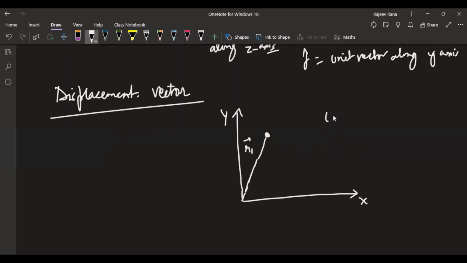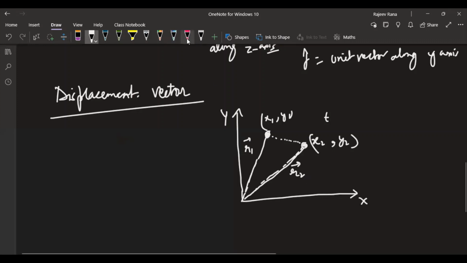After time t, the particle just moved to another position. So this is x1, y1, and it got displaced towards x2, y2. So obviously the position vector will change, and this is R2. The line indicated with the red color is the displacement vector.